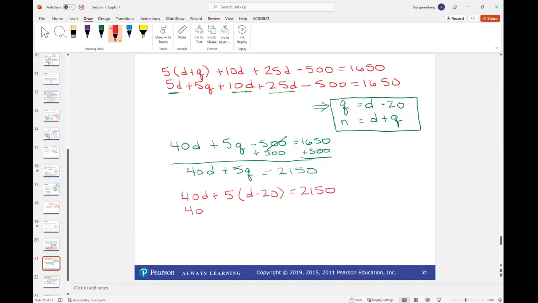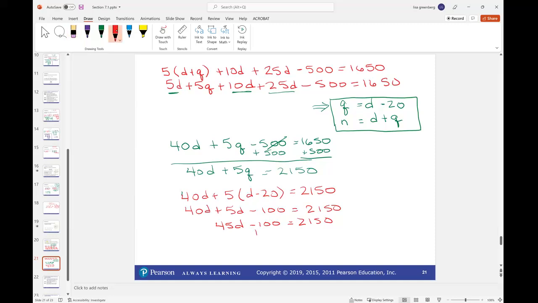So let's continue. 40D plus 5D minus 100 is equal to 2150. 45D minus 100 is equal to 2150. 45D, and I'm going to add 100 to both sides.